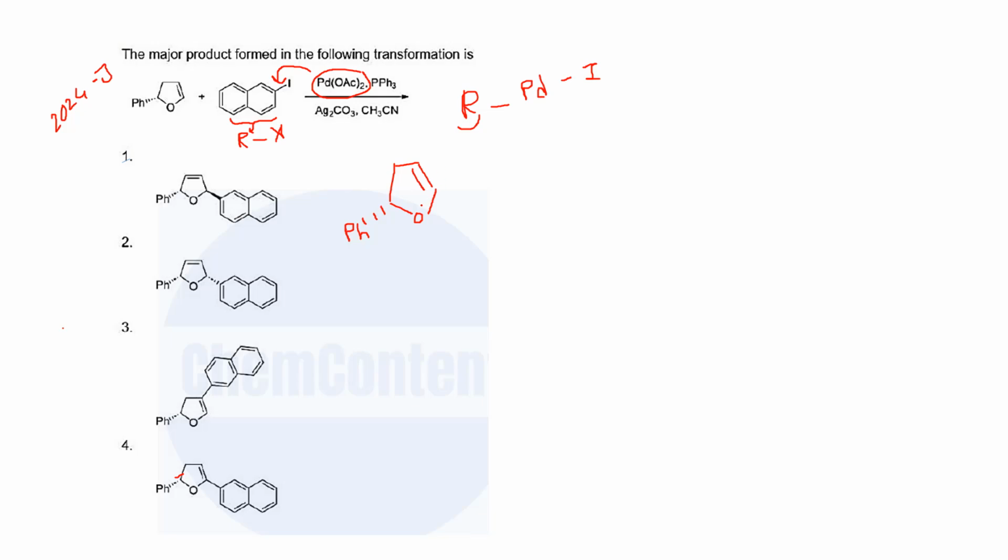Whenever there is an electron donating group, the R group always adds at the alpha position. Remember this: with an electron donating group, the R group adds at the alpha position, and if there is an electron withdrawing group, the R group adds at the beta position.